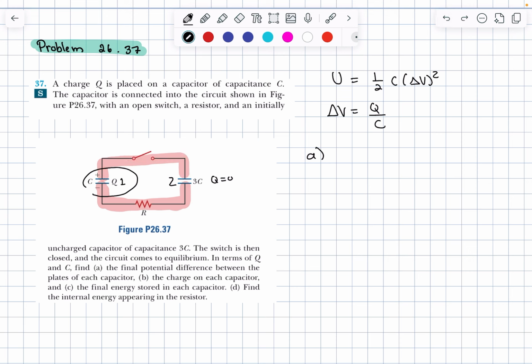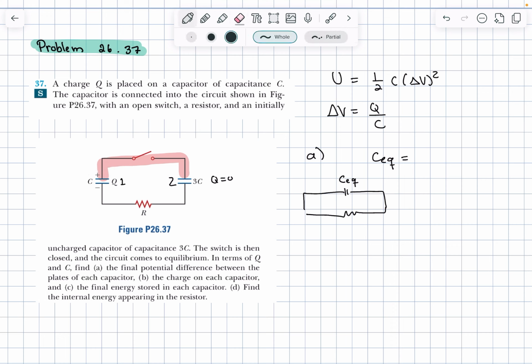Or if there is a battery here, they're no longer in parallel. So because they're in parallel, we can reduce this down to one equivalent capacitor, like this, C equivalent. And we know that C equivalent for capacitors in parallel is just going to be the capacitance added up together, so C plus 3C. And that's equal to 4C.